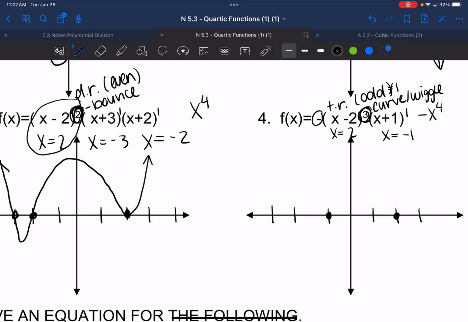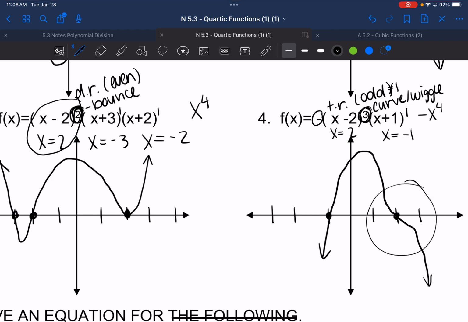At the 2. Okay, so like you guys said, my arrows are pointing down. When I get close to the x-axis, instead of crossing through like normal, my graph does this little curve to it. And then it starts to go up and back down. All right.